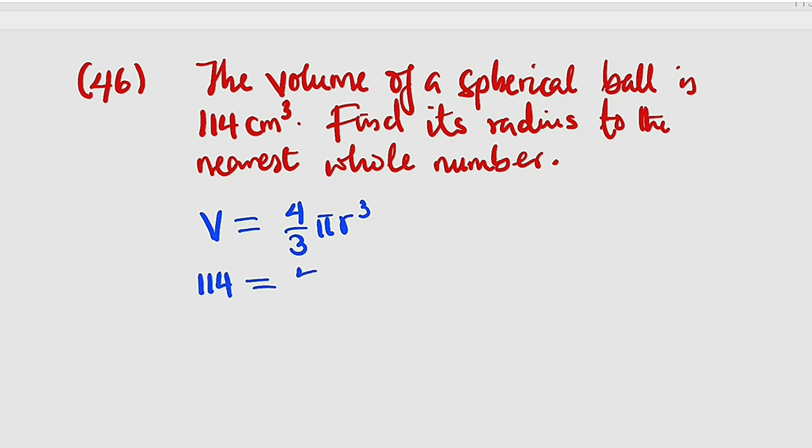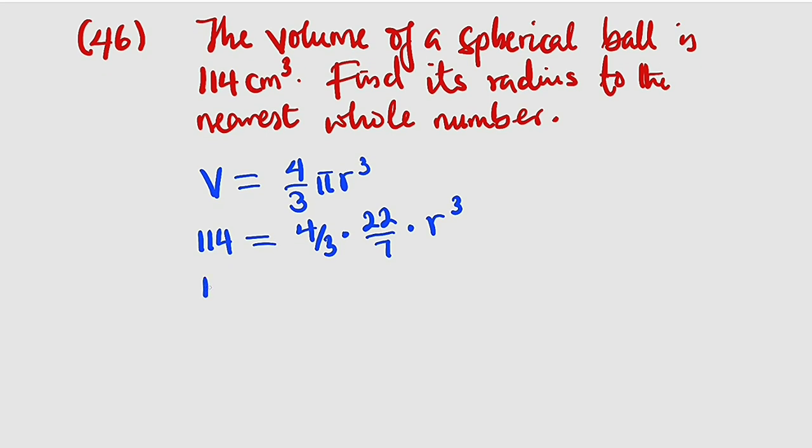This is equal to 4 divided by 3 multiplied by pi. Since pi is not given, we are going to use 22 divided by 7, which is commonly used in Nigeria, multiplied by the radius cubed, which we are looking for. So 114 equals, you take 4 multiplied by 22, that will give us 88, divided by 3 multiplied by 7, that is 21, multiplied by r cubed.